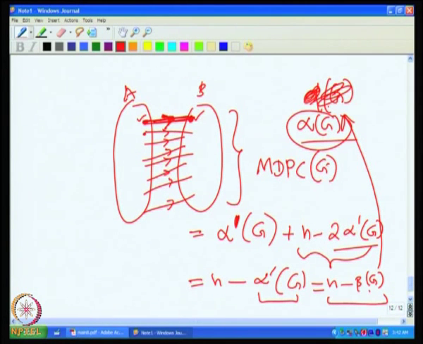So it so happens that in any bipartite graph, this MPDC happens to be equal to, not just less than or equal to, it is equal to this thing. So somehow it is reaching the bound. If this theorem, the Gallai-Milgram theorem, is true, that the minimum directed path cover cardinality in a directed graph is at most its alpha, then in all bipartite graphs they are tight, they are equality, isn't it?